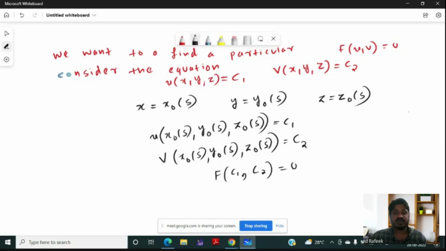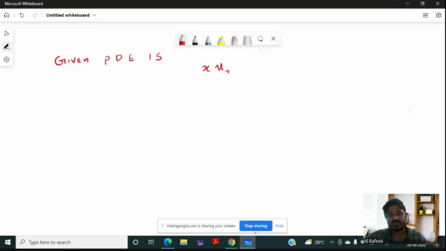Okay, let's see here. Now see the correct procedure. The given PDE is x into ux, that is dou u by dou x, plus y into uy equal to 0.